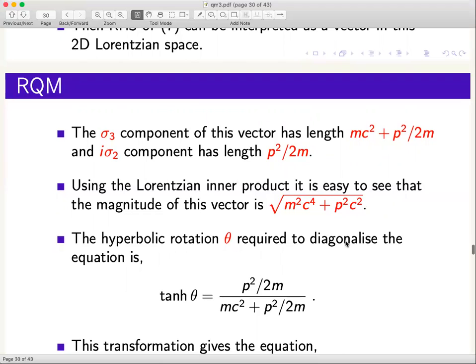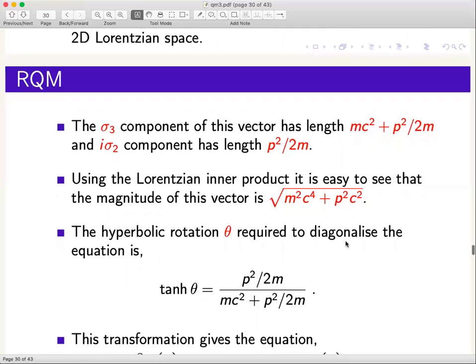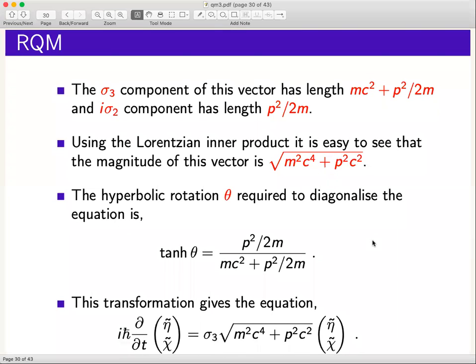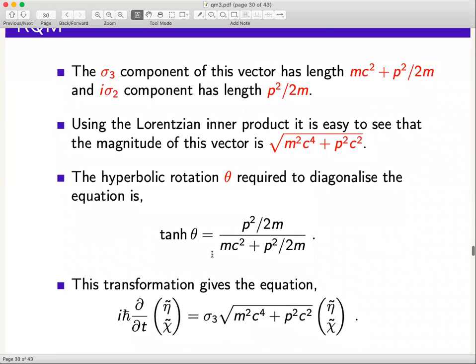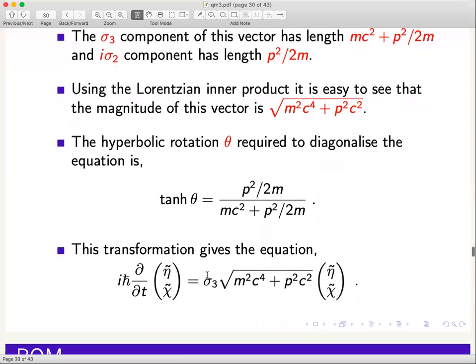Is that fine? Yes. Okay. So therefore, if you choose this transformation, then your equation is diagonalized, and we have chosen that diagonalization direction to be sigma 3. If you do that, then your equation just takes this form.